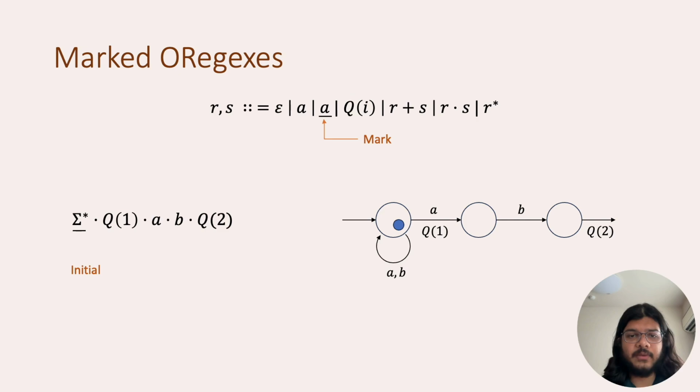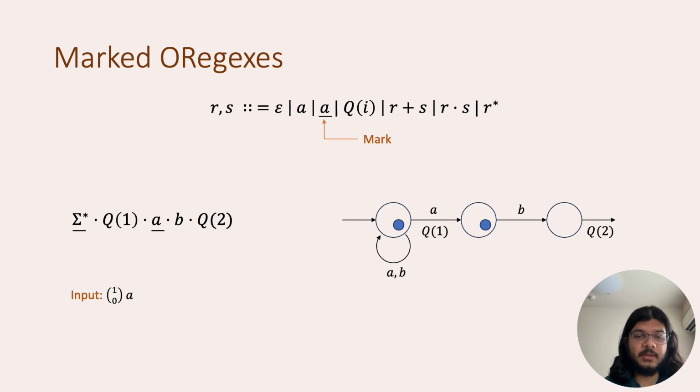Initially, only the first state is active. We denote this with the token on the NFA and by marking the letter on the left. On the partial input shown on the screen, both of the states are active. Therefore, we mark both these positions in the corresponding regular expression.